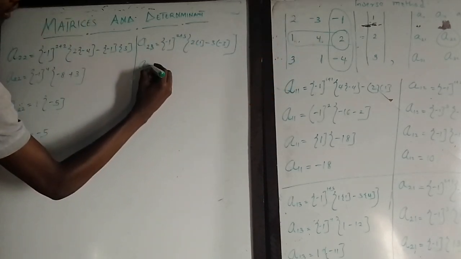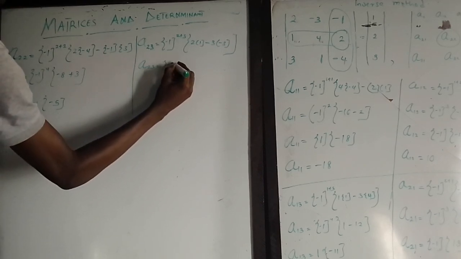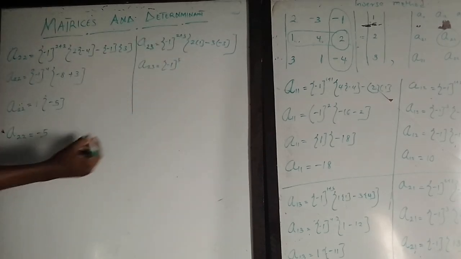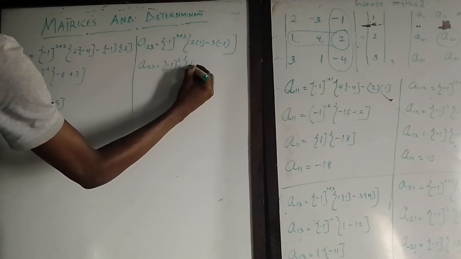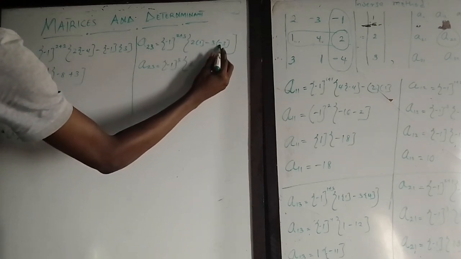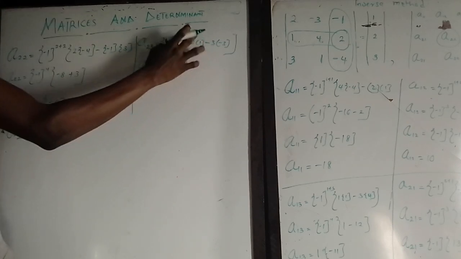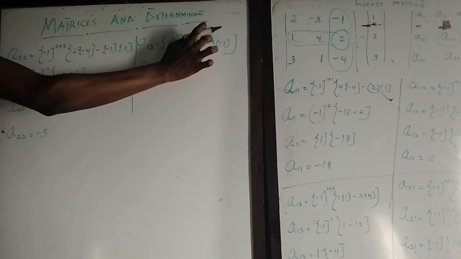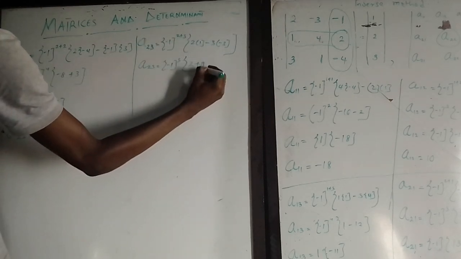You have A23 equals to minus 1 raised to power what? 5. 2 plus 3 will give us 5. Then we continue. 2 times 1 will give us 2. 3 times minus 3 will give us minus 9. So minus 9 times minus will give us plus 9.